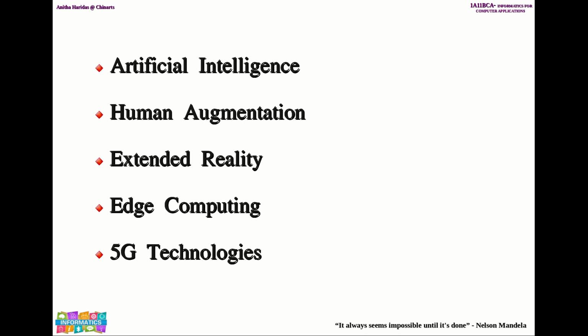We are not getting into the details of how all of this is developed or how these technologies are implemented. Instead, we'll just touch upon what artificial intelligence is, what extended reality is, and so on.